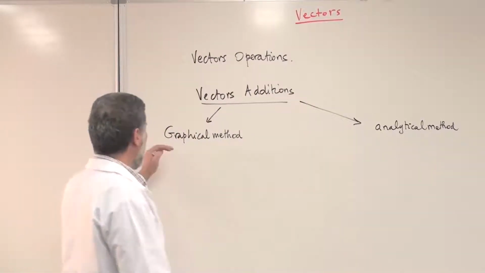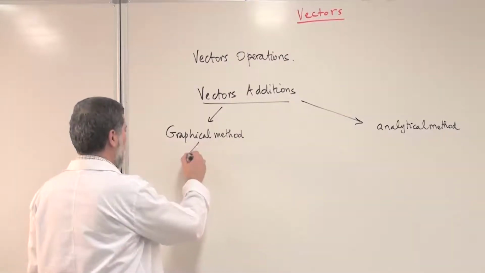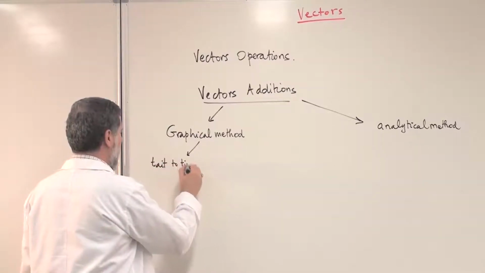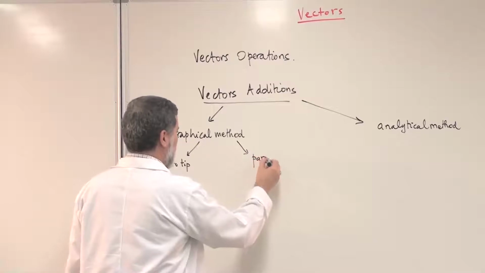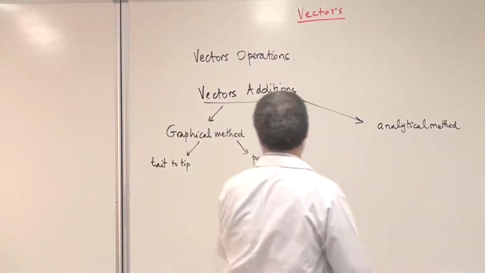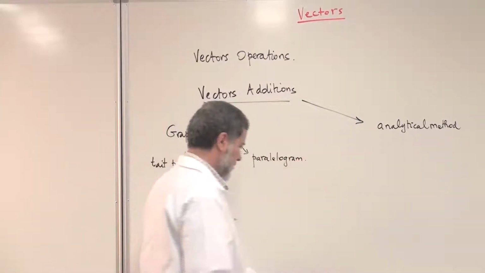The graphical method, there are two ways to do graphical method. Either we use what is called the tail to tip addition, or the parallelogram method of adding vectors.